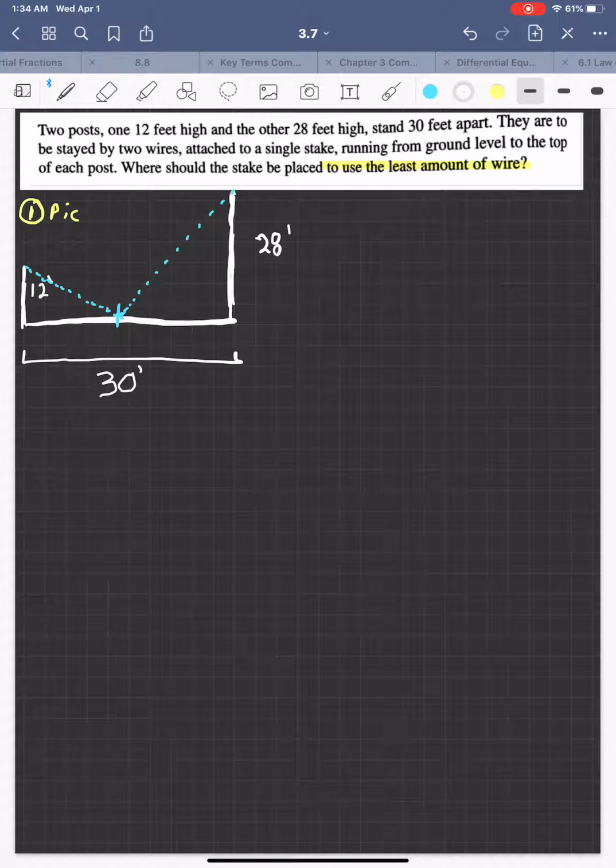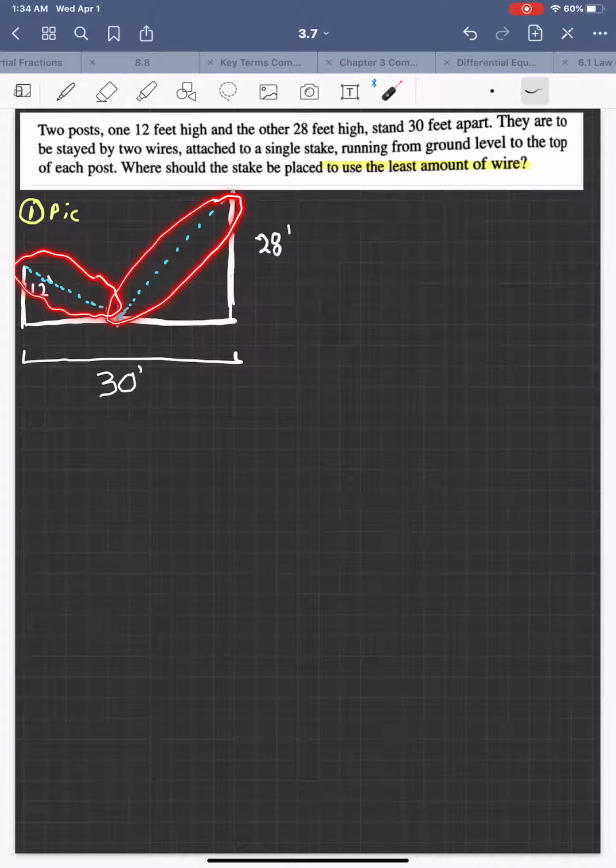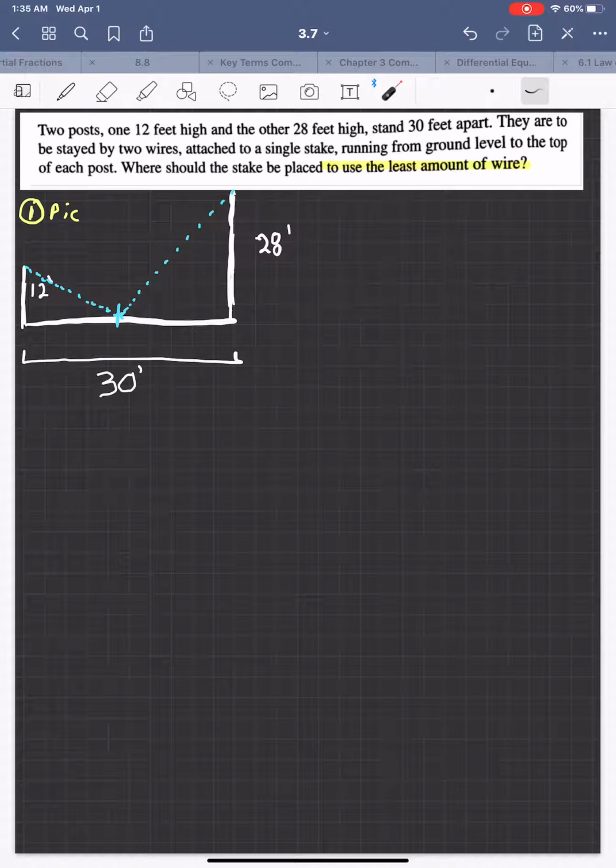And again, for context, if you can imagine that you are running thousands and thousands of these poles, 12, 28, 12, 28, and you're trying to minimize the costs, that's more profit for your company. So it is in their interest to pay someone to figure out something as simple as where should the stake be such that the least amount of wire has to be used. Okay.